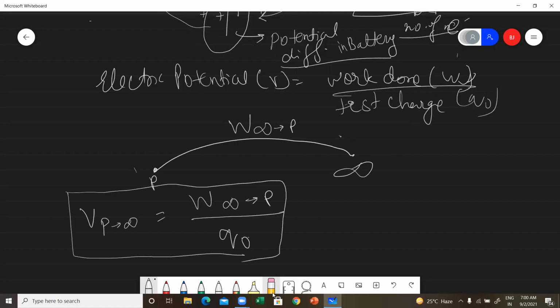Now, I am asking one thing, Nandini: what does it mean that the charges are from infinity and I am taking them to the point P? What does it mean? Practically, where are we observing this, that we have taken a charge from infinity to that point?